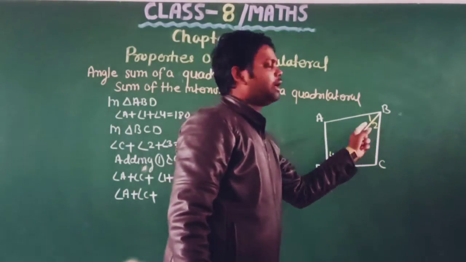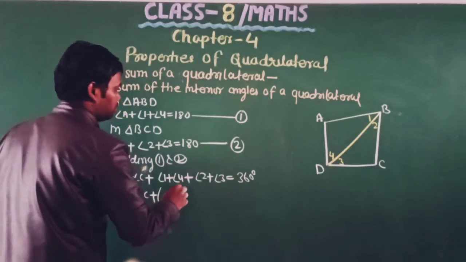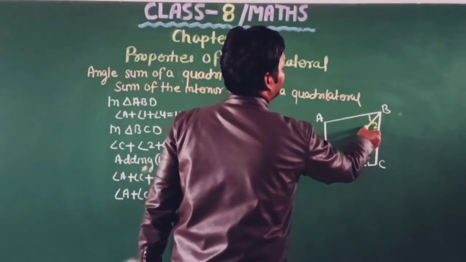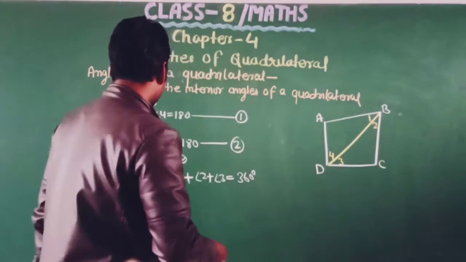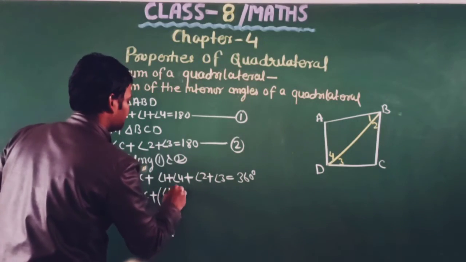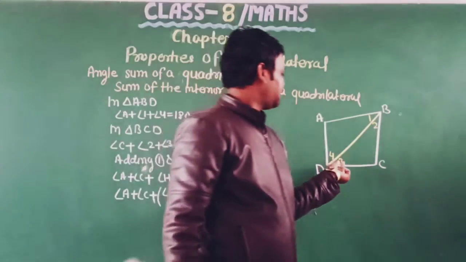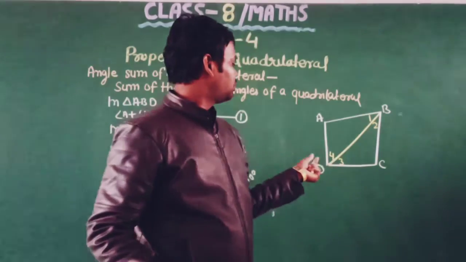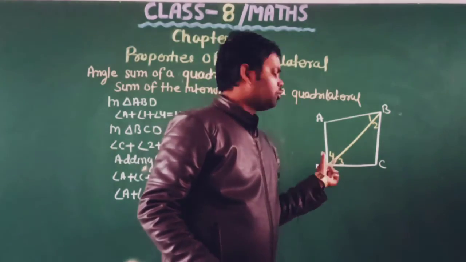Taking angle 1 and angle 2 together gives angle B, and similarly taking angle 3 and angle 4 together gives angle D.